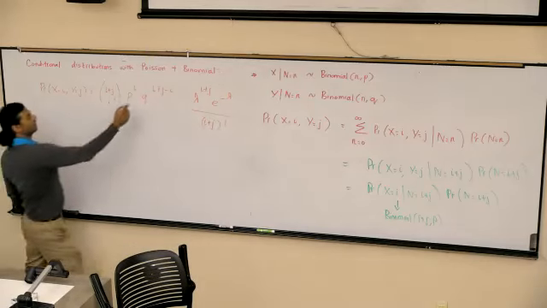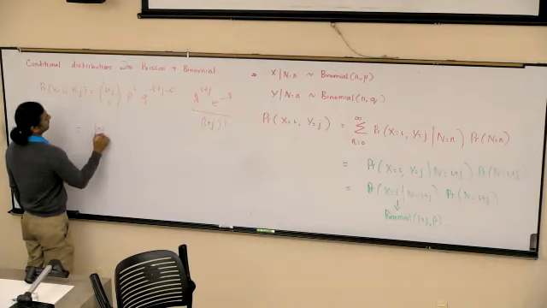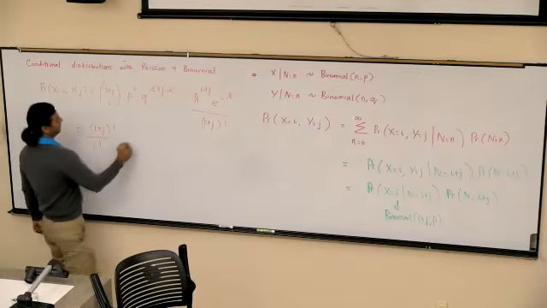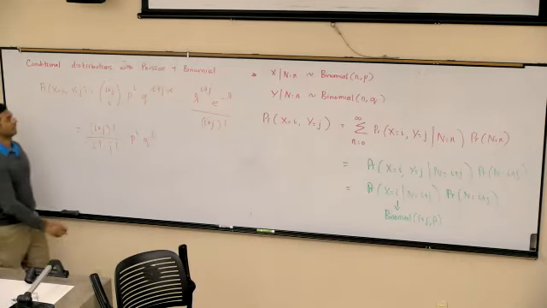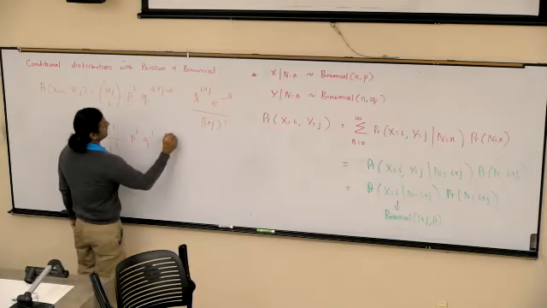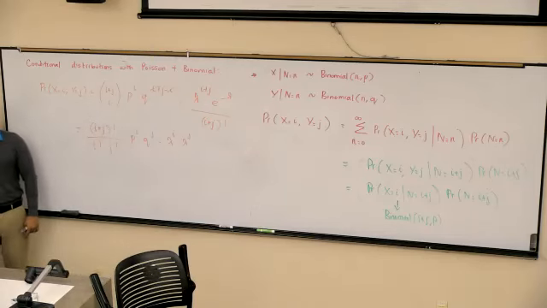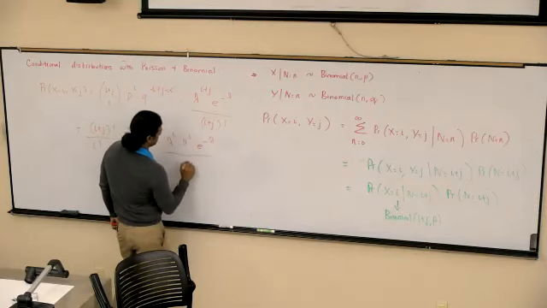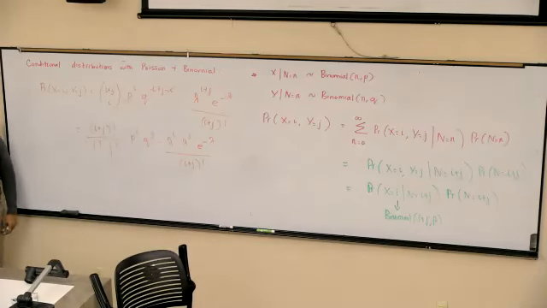Yes? Those two would go away. i plus j factorial, divided by i factorial, j factorial, p raised i, q raised j, lambda raised i times lambda raised j, e raised negative lambda, divided by i plus j factorial. Yes.